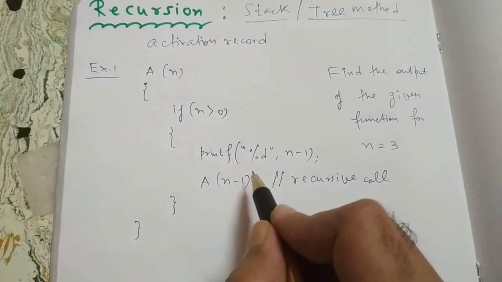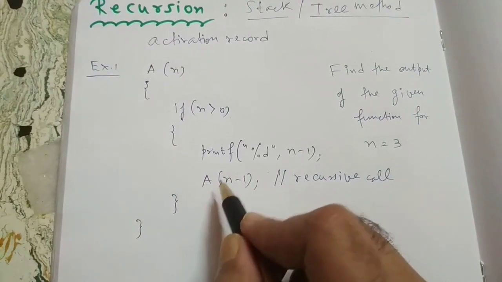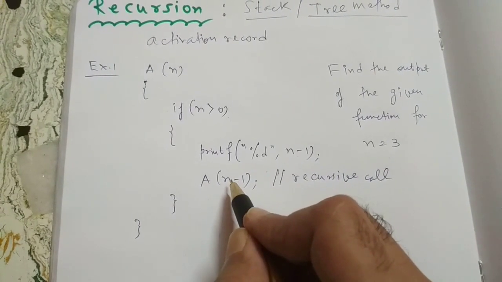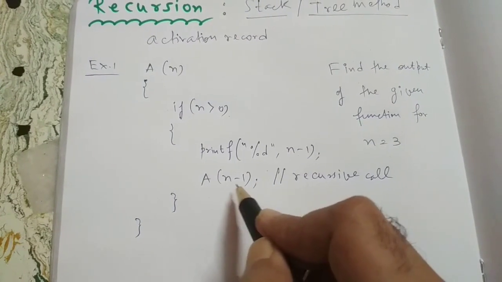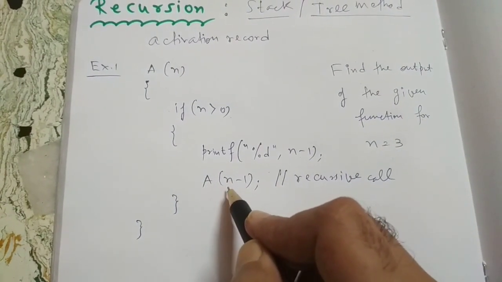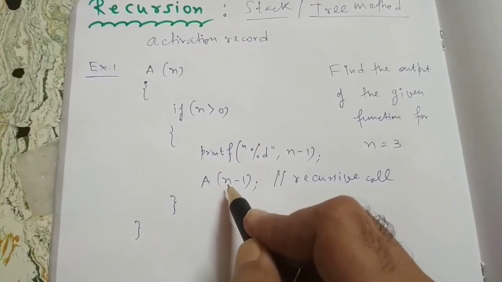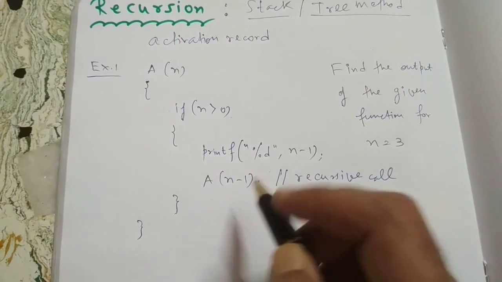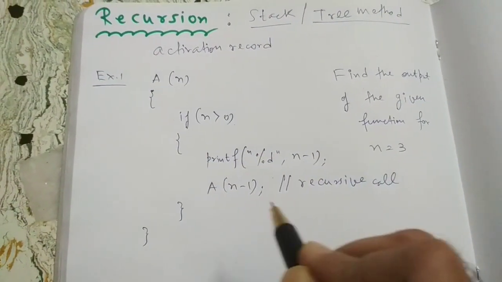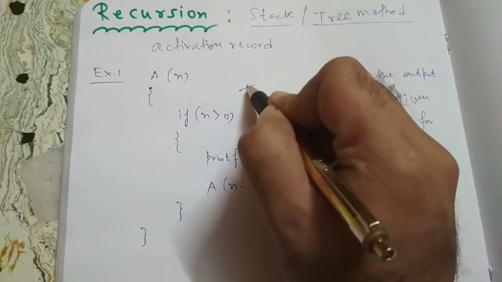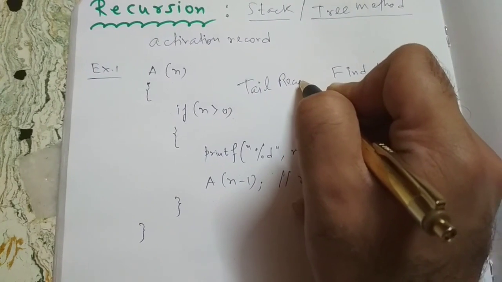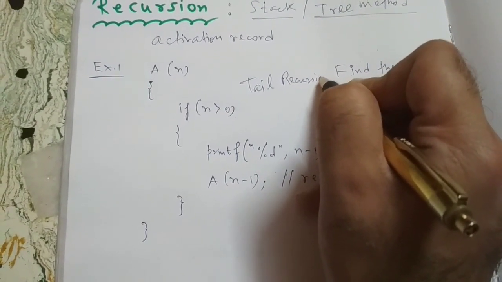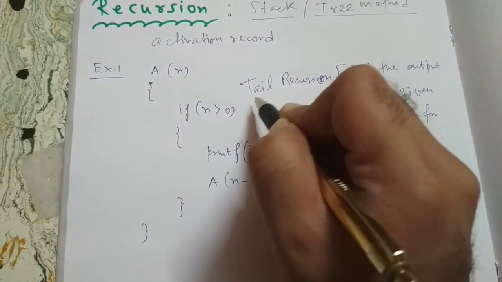Now, look at the position where the recursive call is placed. The recursive call is placed at the end, and such a recursive function, or such kind of recursion, is known as tail recursion.